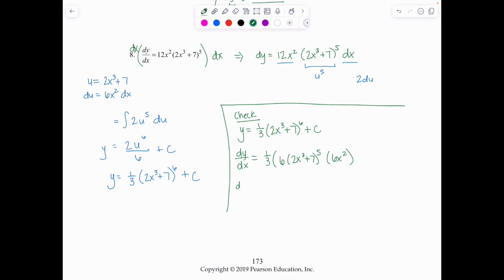And this cleans up to be 12x squared times (2x cubed plus 7) to the 5th. There we go.